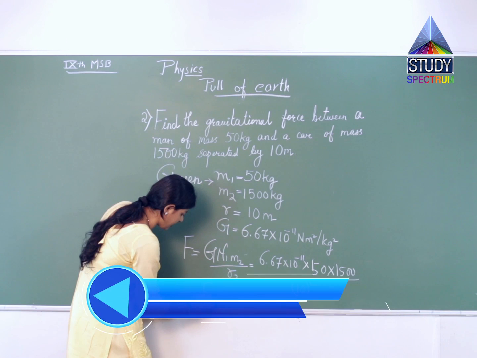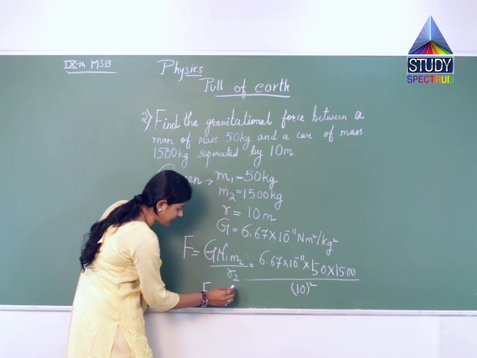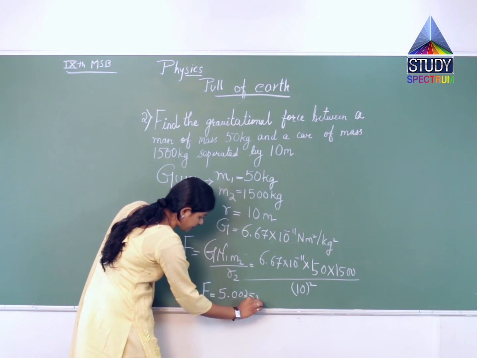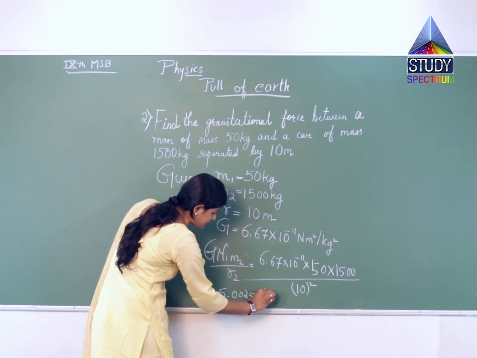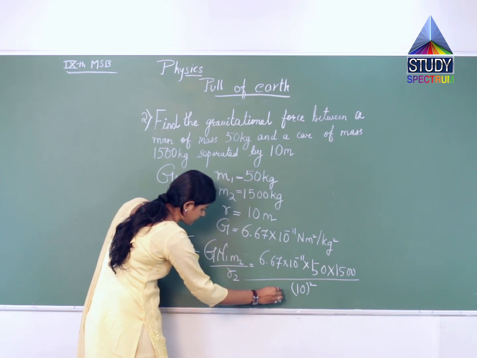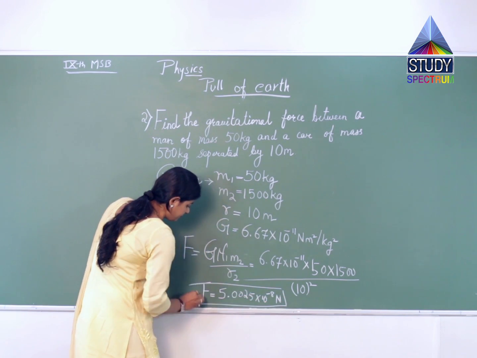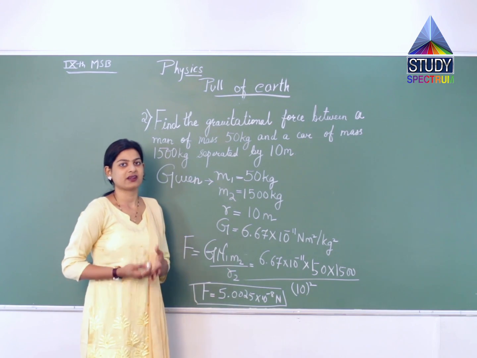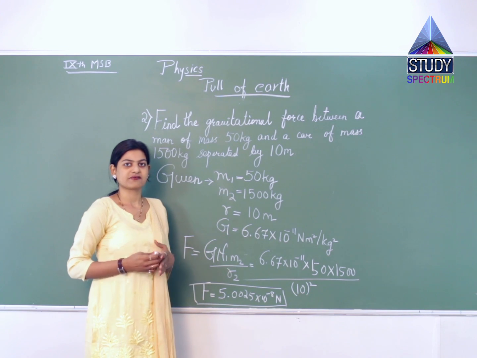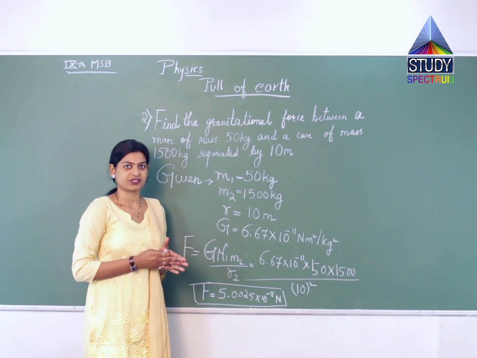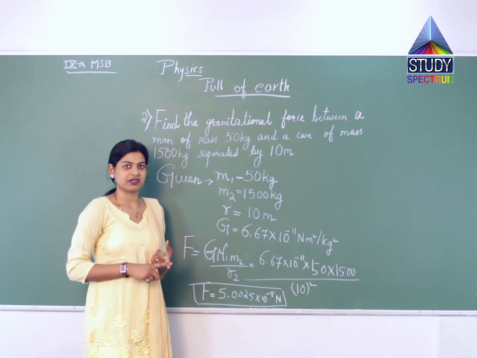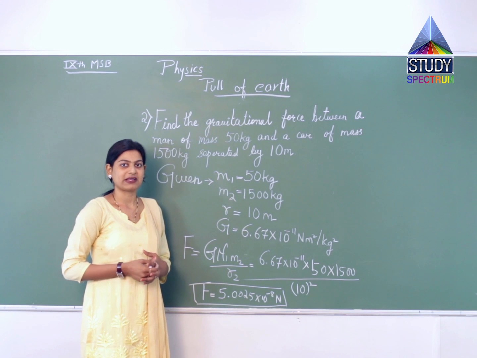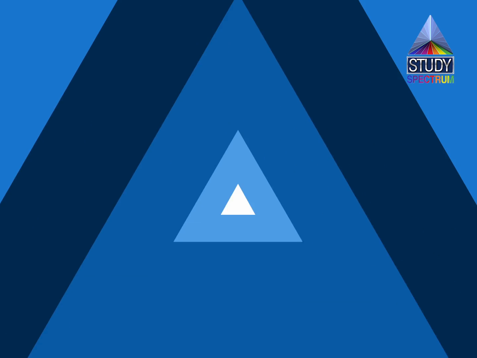So after calculation we get the answer 5.0025 into 10 raised to minus 8 Newton. So the force acting on the man and the car, when the car is 1500 kgs and the man is 50 kgs and the separation between them is 10 meters, is 5.0025 into 10 raised to minus 8 newtons.